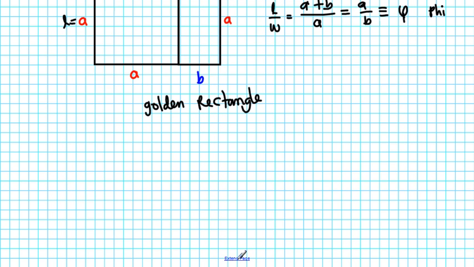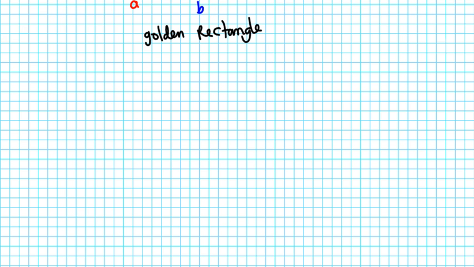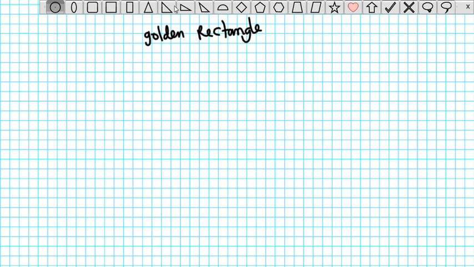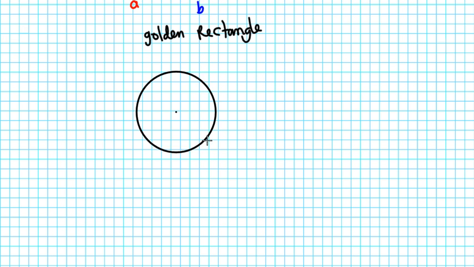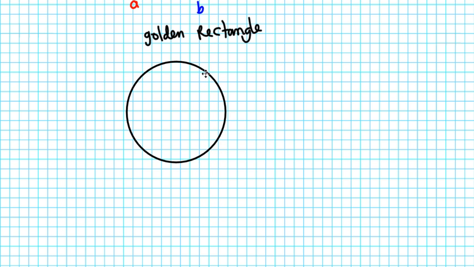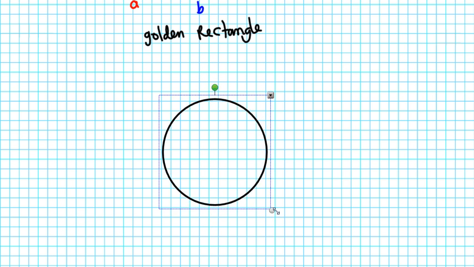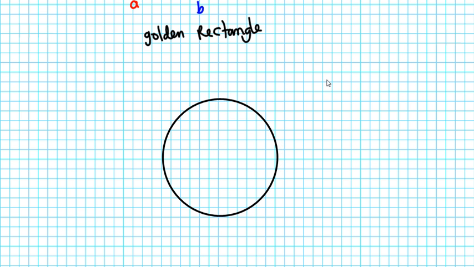The golden ratio can also be applied to circles. Let's say we have a circle like this, and we can segment portions of the circle. Let's say this is the center of the circle.